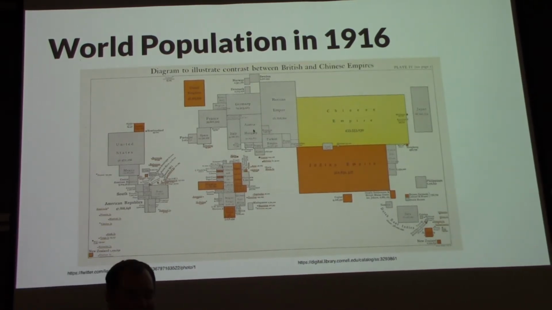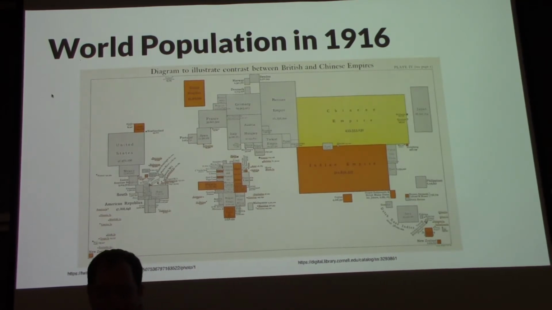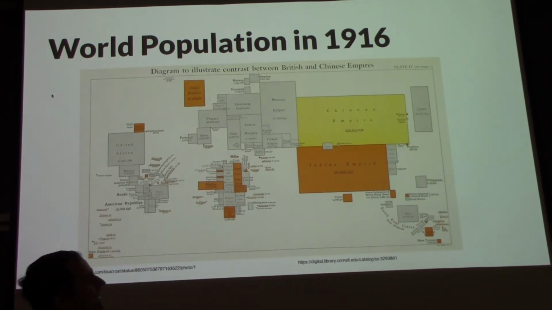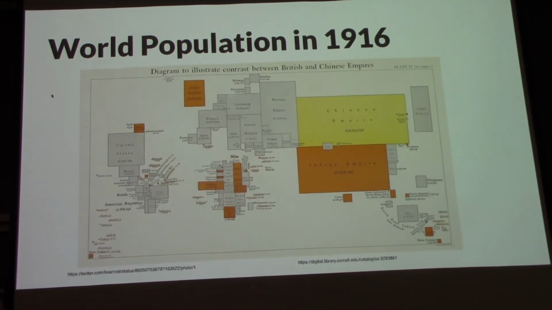So this is a world population map in 1916, and here they use rectangular shapes to represent the populations, and they also still retain some of the context. So it's a little bit similar to the necklace maps to some degree, but they give up the explicit spatial context. What do you think about this representation?